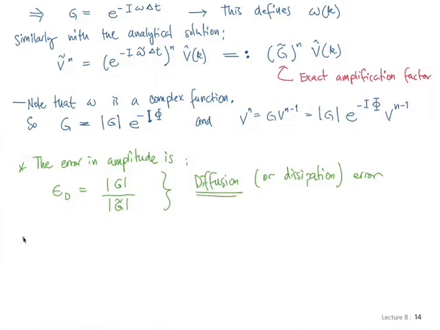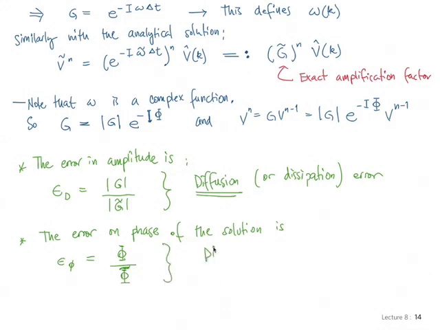And the error in the phase of the solution is E phi equal to the numerical one divided by the exact one, with a wiggle, I hope you see it, there. And this is called dispersion error.